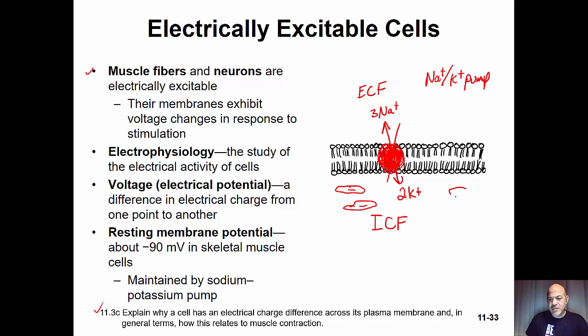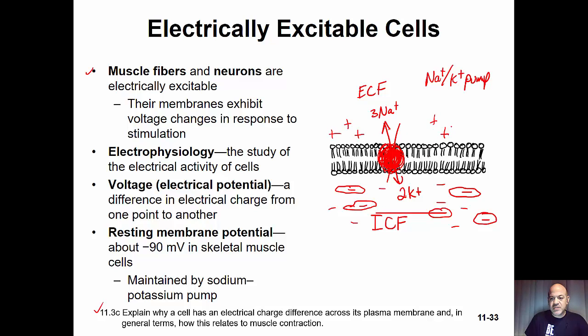I'm just trying to illustrate it here, and I'm doing a negative sign on there. Overall, these proteins are going to have a negative charge. So after pumping out more positive outside than on the inside, overall we're going to have more negative on the inside and more positive on the outside.